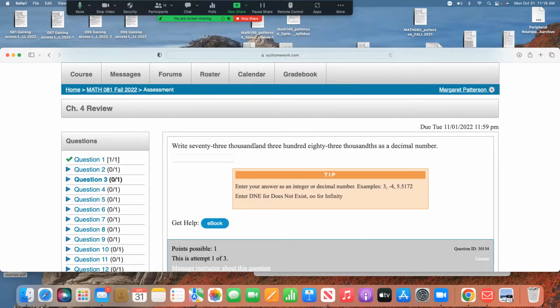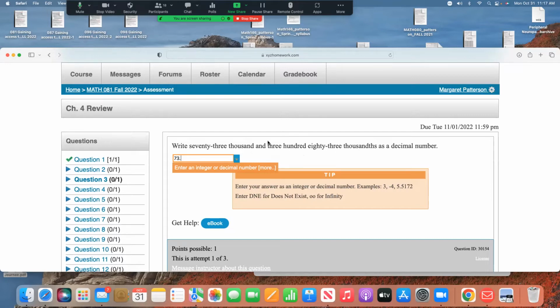So I'm thinking this is 73 decimal point. Now, there's an "and," that's a decimal point. 383 thousandths. So tenths, hundredths, thousandths.